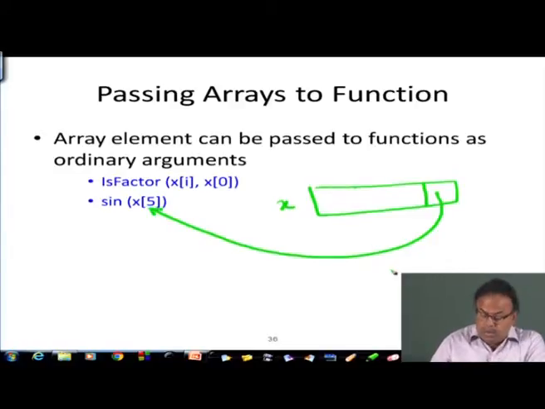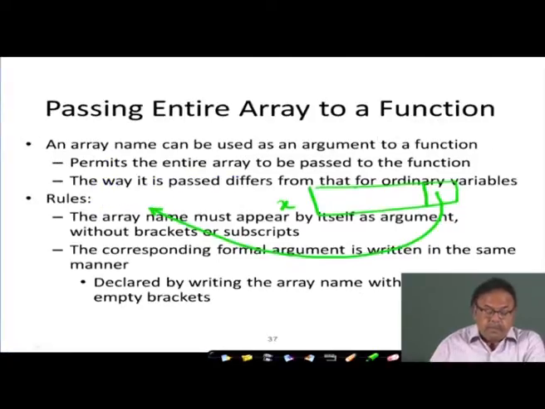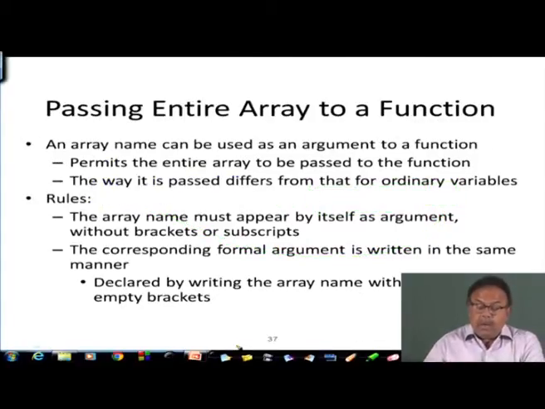So, let us proceed a little further. Now, that is for the individual elements x[I] or x[5], x[0]. I am just passing an element, and if it is an integer array, then an integer is being passed. If it is a floating point array, then a float will be passed. But what if I want to pass the entire array to a function?